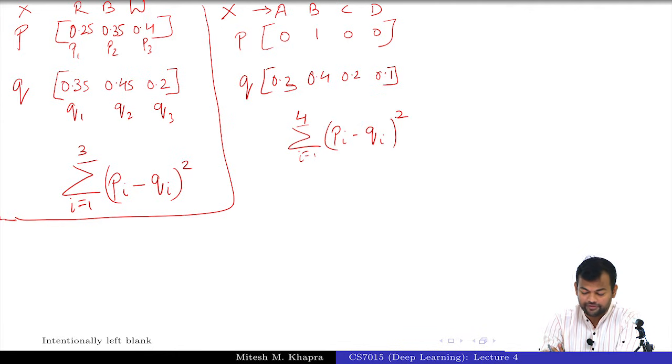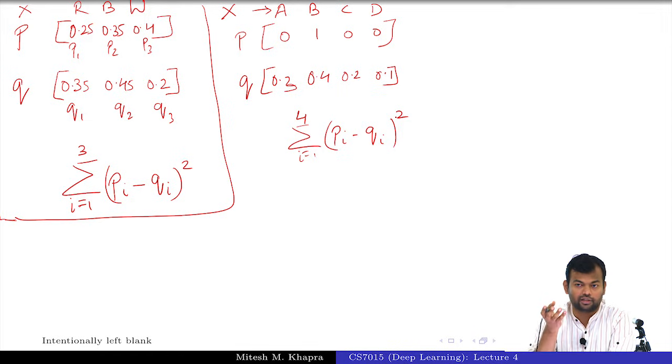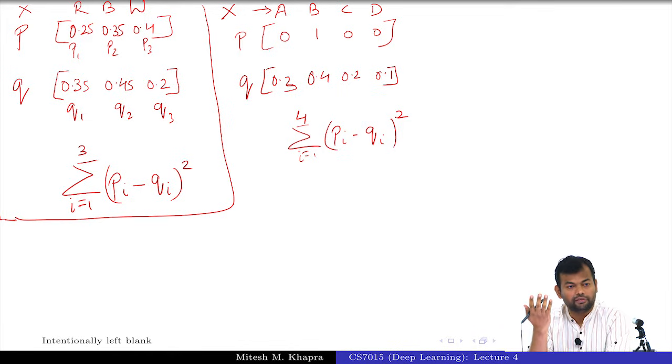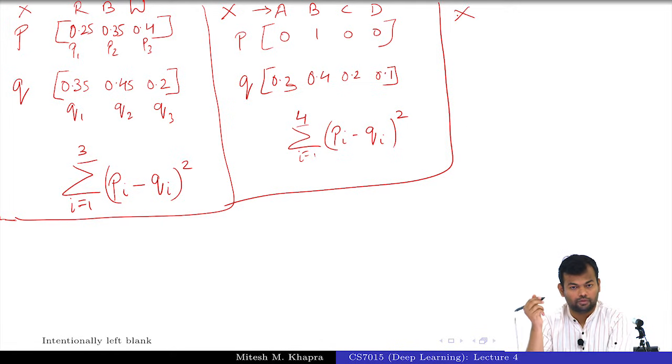So this is fine in this toy case, but why do we care in real life examples that we are going to deal with in machine learning? In machine learning, we'll deal with a lot of problems which are classification problems. And in classification problems, you would again have this setup where you have a label. You could think of the label as a random variable and it could take one of many values.